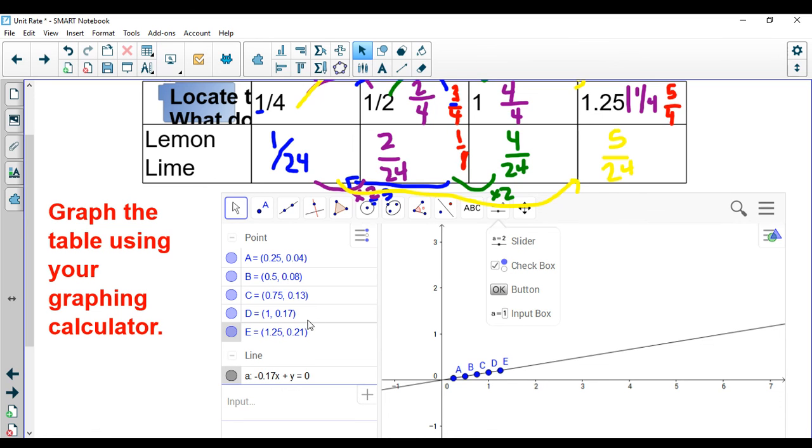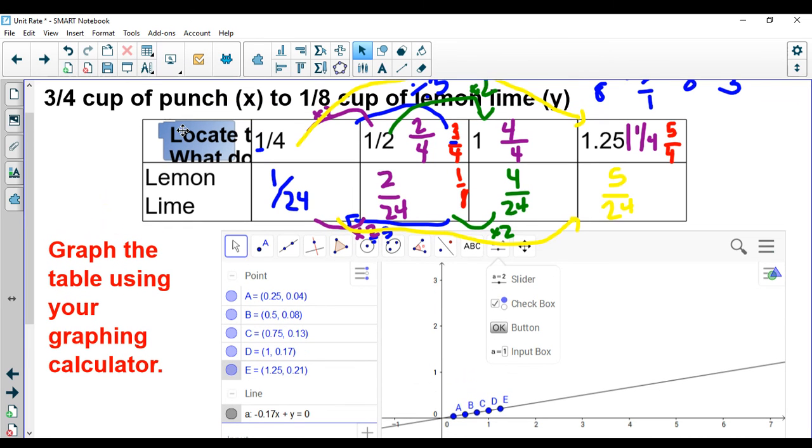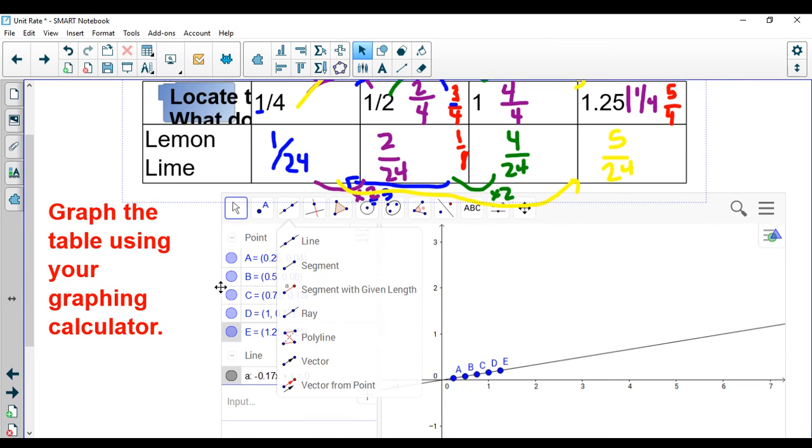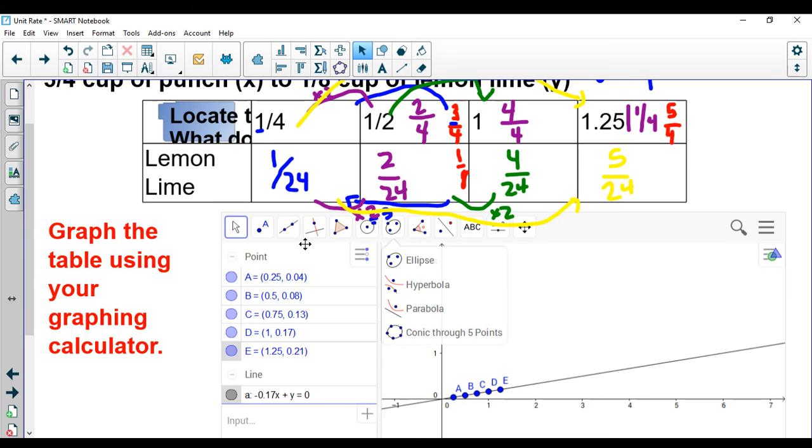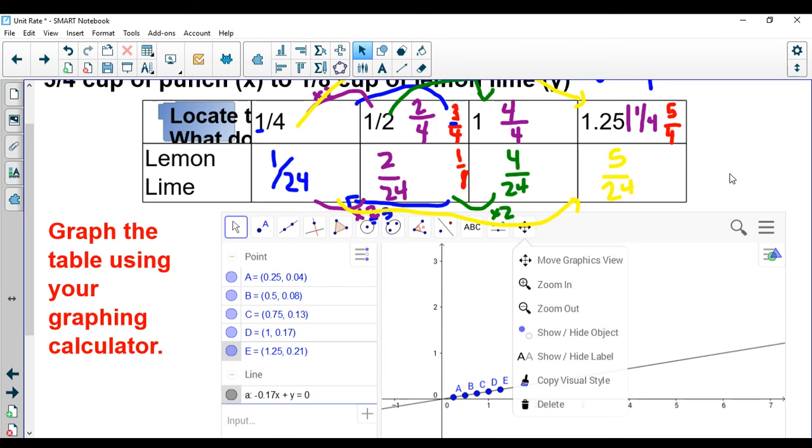So for 1 cup of punch, I had 4/24 or 1/6 a cup of lemon lime. I can also answer other questions about this, like how many cups of lemon lime would there be in 5 cups of punch? And I could use that, put a point here, and figure that out.